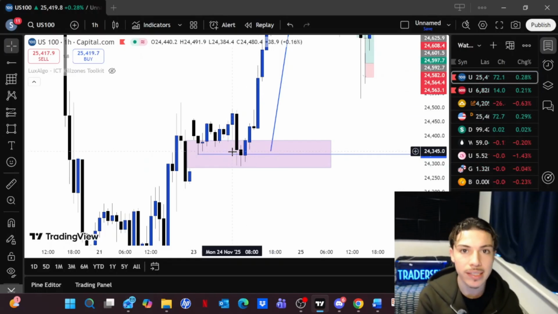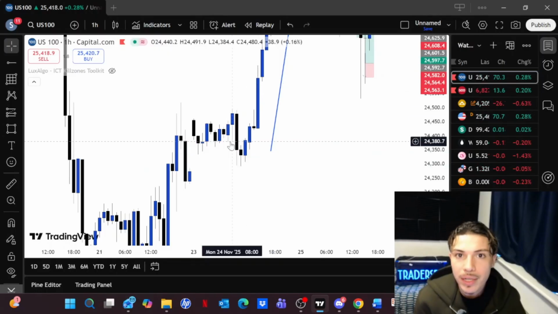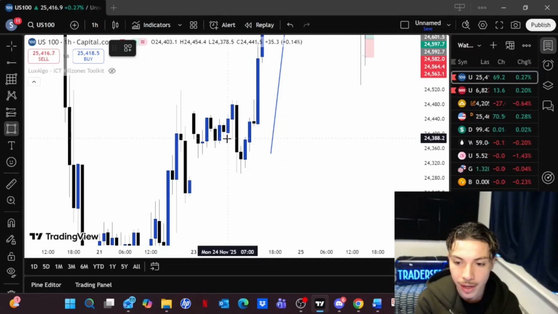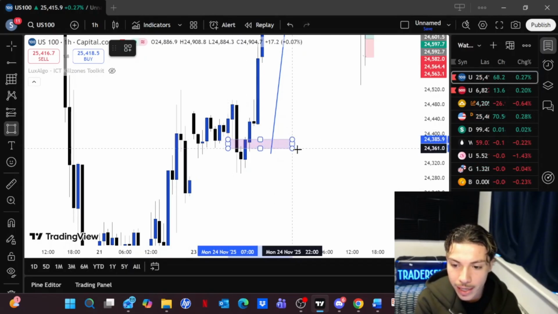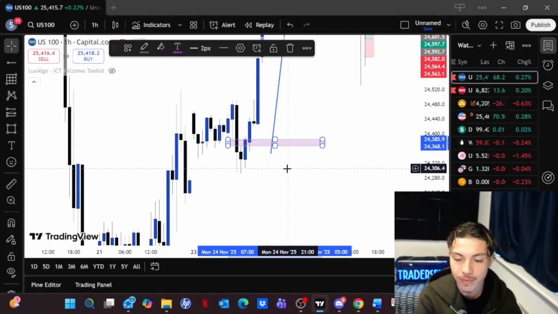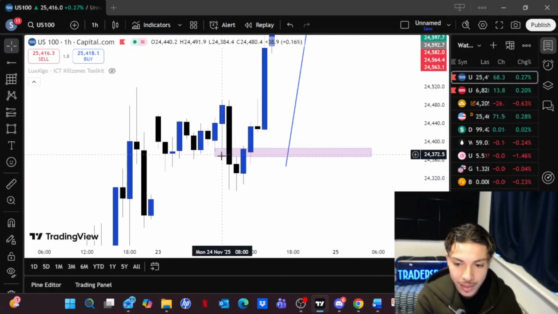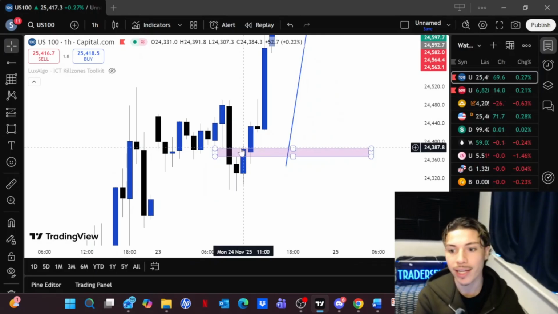Now, how do we want to take buys in this case? Well, we simply want to look for reasons to take buys. Now, I'm going to do this on the hourly time frame. So what can I identify? Well, I can see that right here, we have a bearish hourly fair value gap. So what am I going to wait for? Well, I'm going to wait for this to get inversed so that the market demonstrates to me that it wants to go higher.